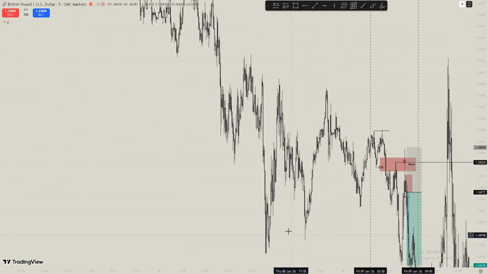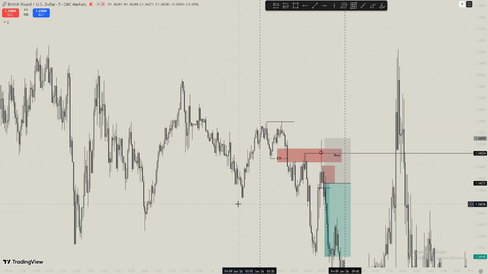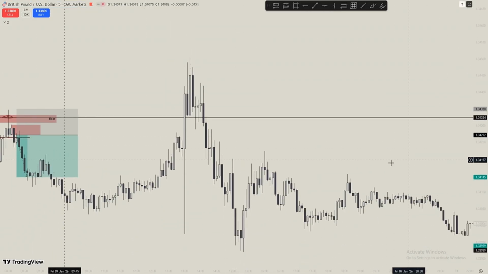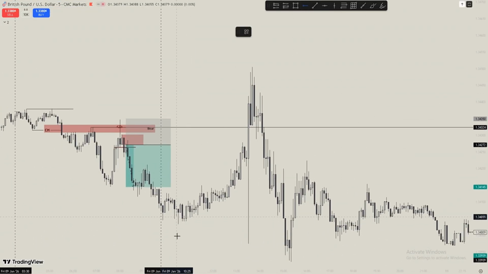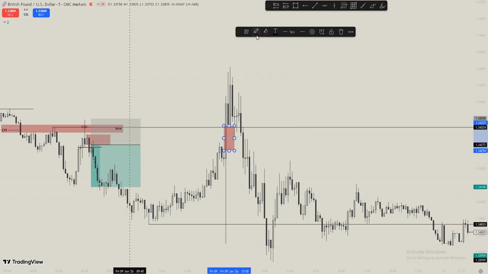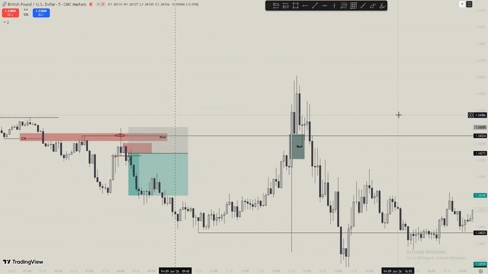So now let me show the inverse fair value gap scenario. Price swept this liquidity and rejected it like crazy. So what we have here is a bullish fair value gap, and I need to tell you something about it.